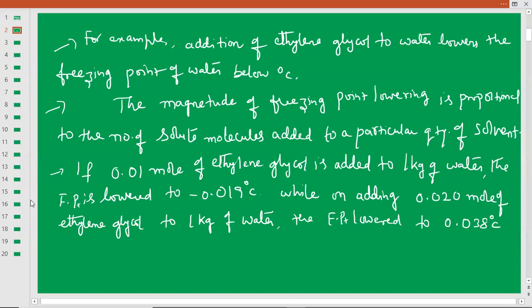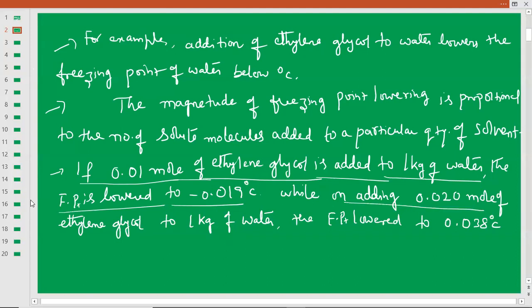So it is evident from this experiment that the number of solute particles plays an important role in deciding this property of the solution.